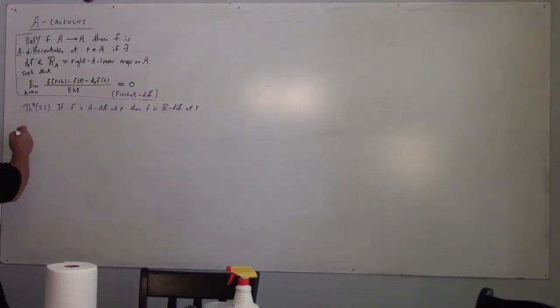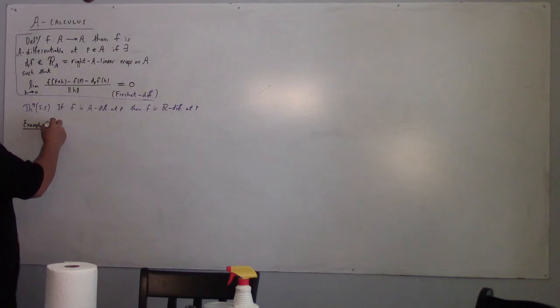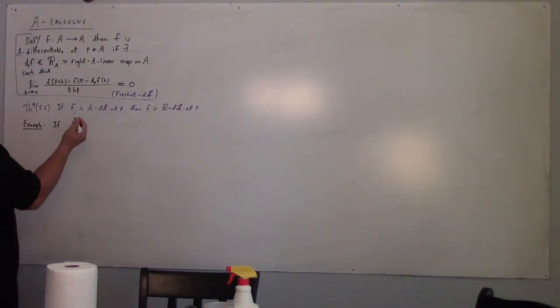So an example of a function which is not A differentiable, and this kind of ties into a later discussion, so I'll mention it here.